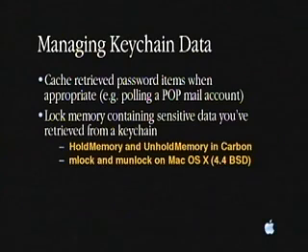The way to do that is to lock the memory. You always make sure that memory is locked if it contains sensitive data. On Carbon, the calls that you'll use to do that are hold memory to actually lock it down and unhold memory when you're done with it. And the same thing if you're using BSD at that level, you'll use mlock and munlock, which is essentially the same thing.